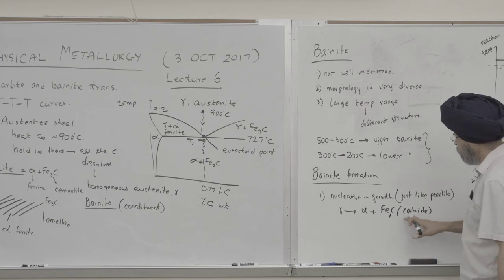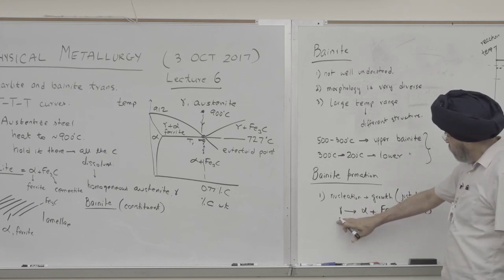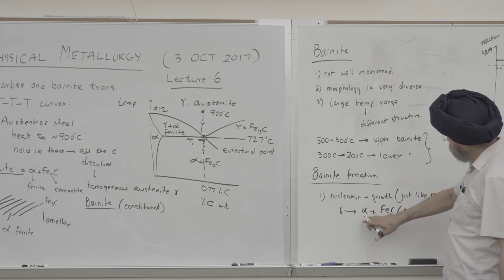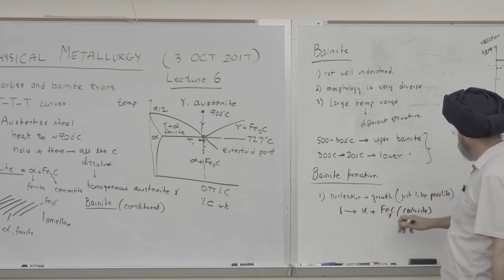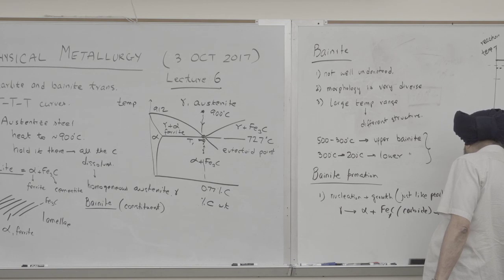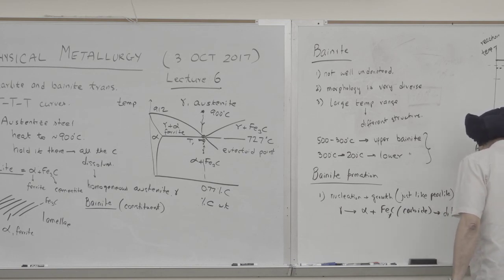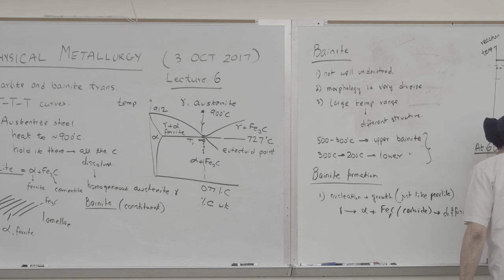So you do have a homogeneous structure that goes into alpha, which is almost free of carbon, most of the carbon going over here. To form the structure, you do need to have diffusion. So diffusion is time dependent. It's going to take time.